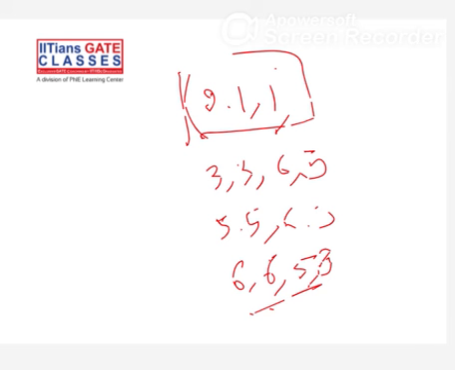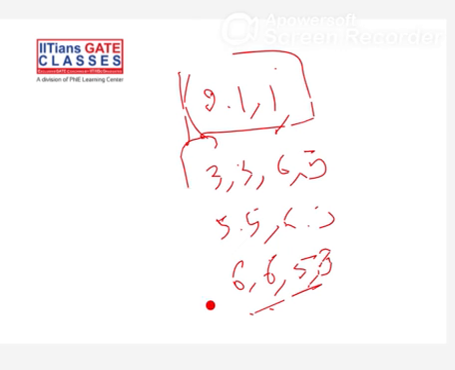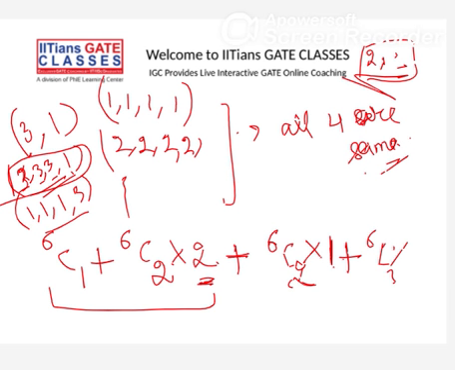Clear? So first you select three numbers, that is 6C3, into three possible ways to assign these counts. So this is 6C3 into 3.